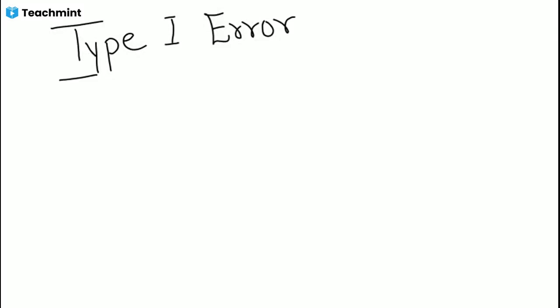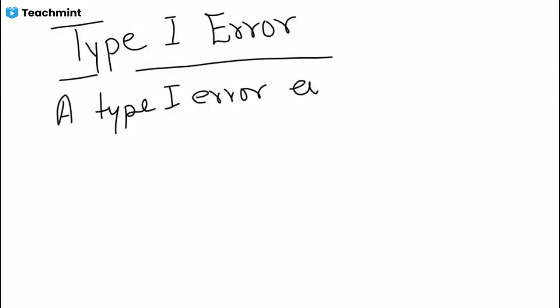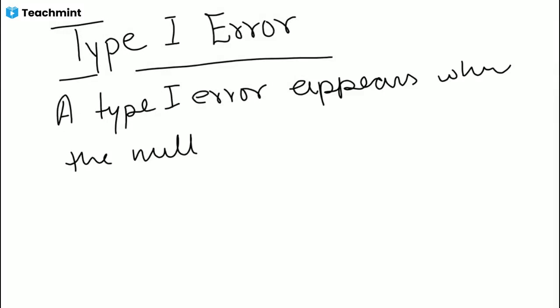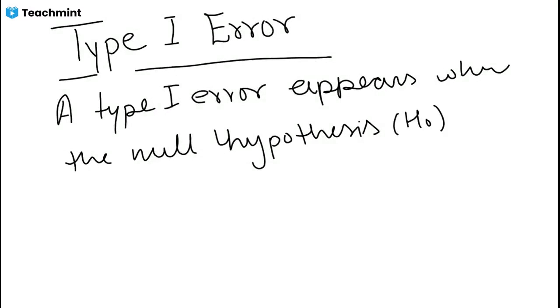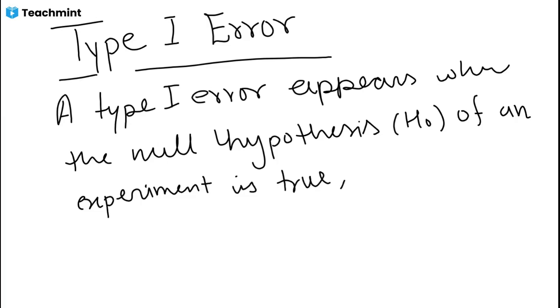Type 1 error. A type 1 error appears when the null hypothesis H0 of an experiment is true, but still it is rejected.